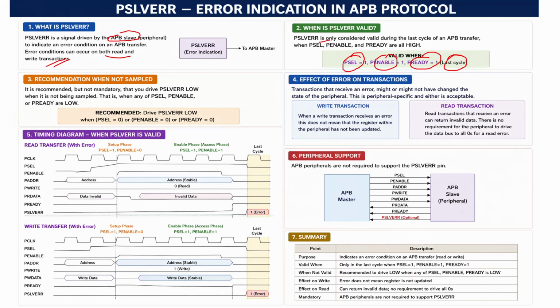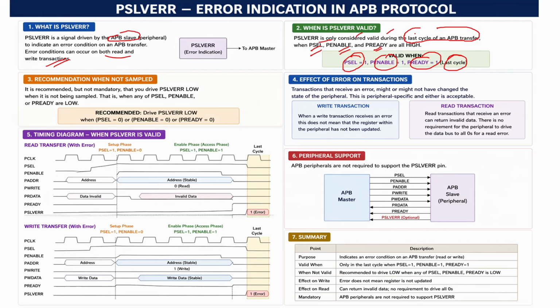PSLVERR is only considered valid during the last cycle of your APB transfer. At that time, we need to maintain PSELECT, PENABLE, and PREADY high. At that time only, we consider that, okay, this is a slave error. Otherwise you are not doing any transactions.